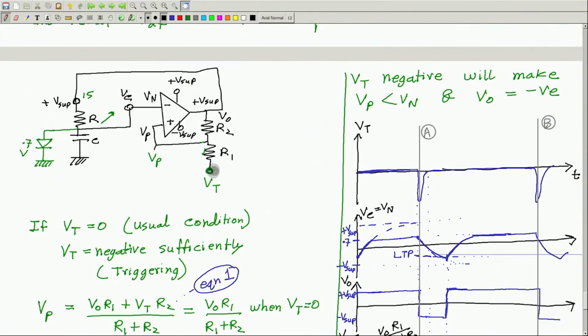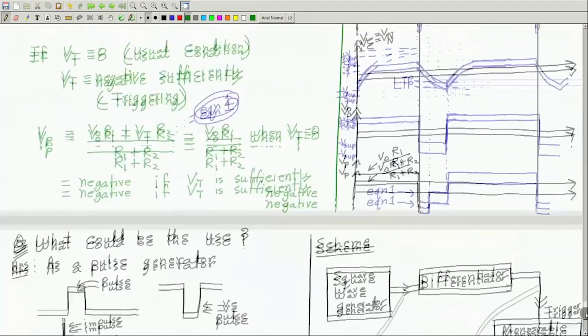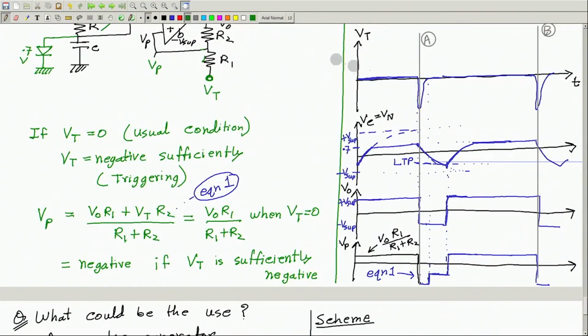We are applying this voltage, which is normally 0, but periodically becomes very high positive and very high negative. The negative pulses are the important ones that we will consider. There are also these positive ones.